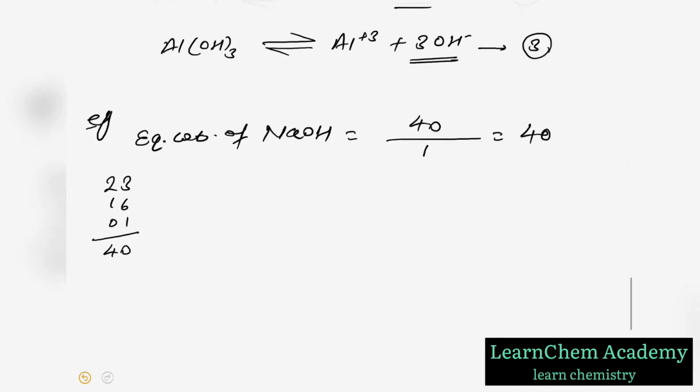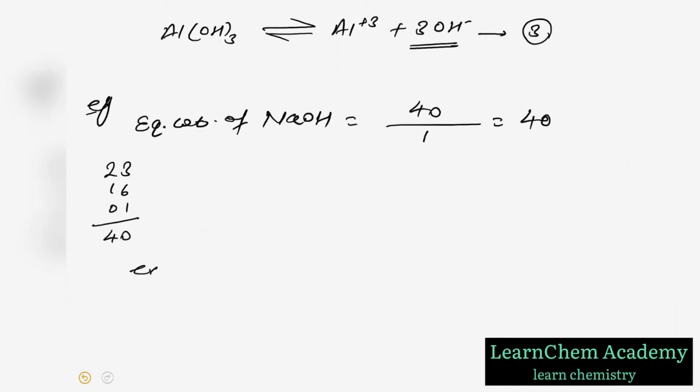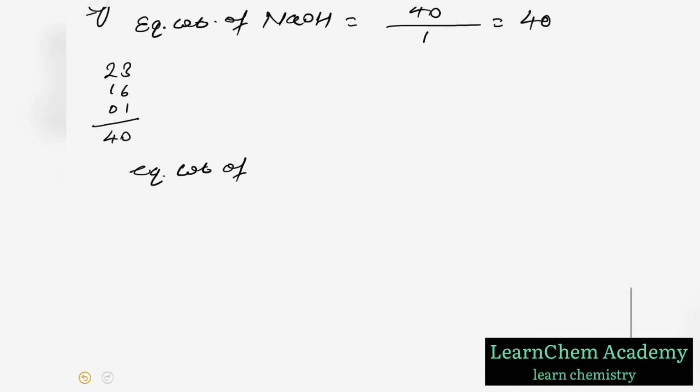If we take another example, equivalent weight of calcium hydroxide. Okay, so molecular weight of calcium hydroxide: weight of calcium is 40, and hydrogen plus oxygen they have 16 and 17, so two times that is 34.